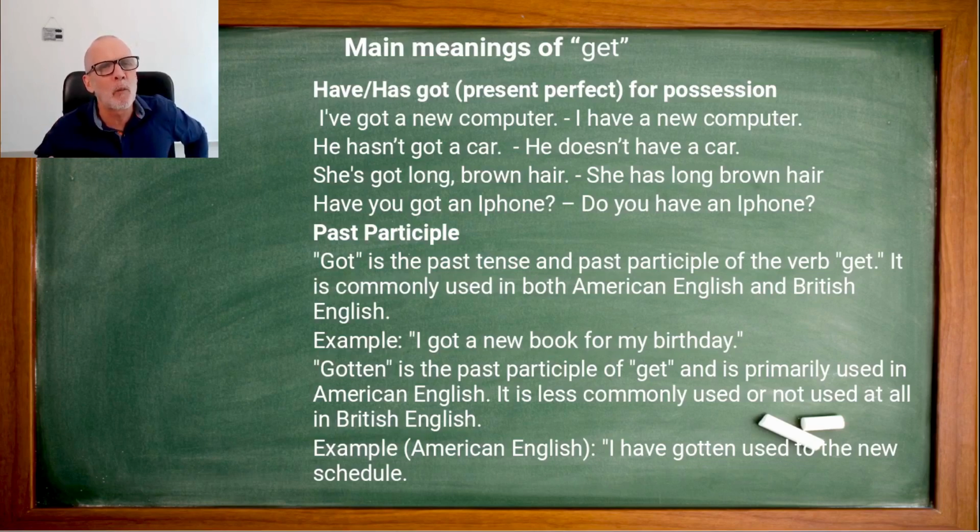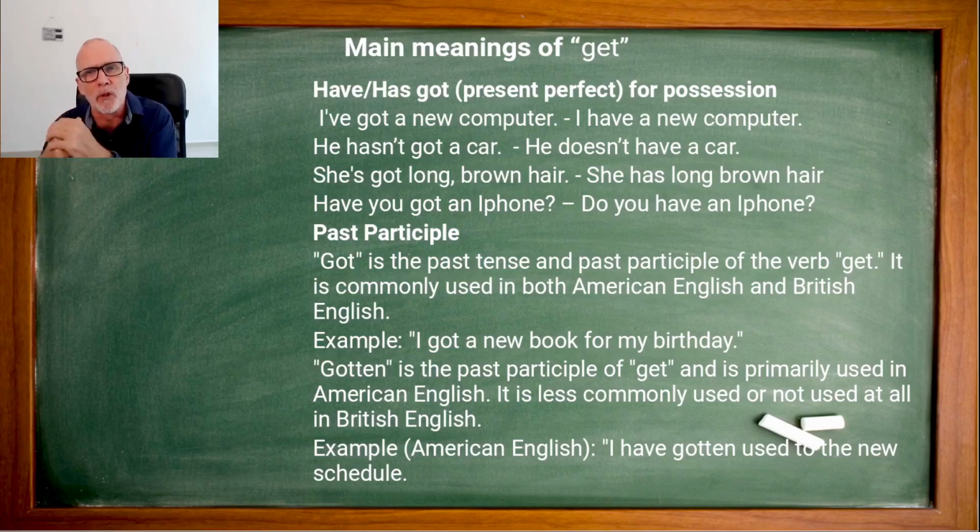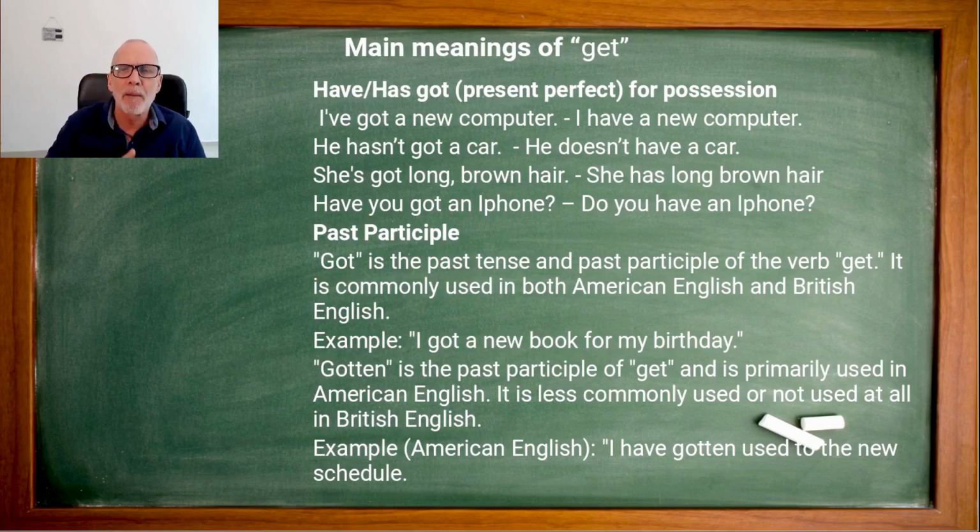We can't say I've gotten a new computer. Well, you can, but it has a different meaning. That is, if I say I've gotten a new computer, that would be that I recently acquired a computer. It would be the first meaning. If you're talking about possession, then you need to use got and not gotten.